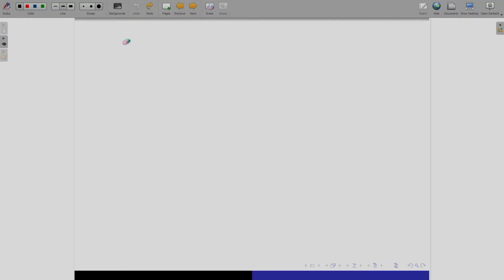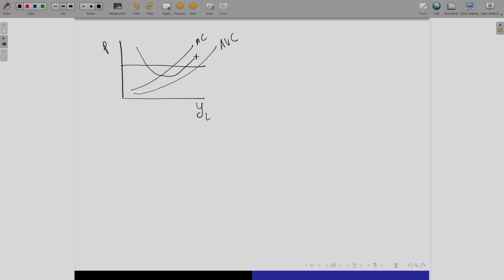So here, suppose the output of firm i is given on this axis, and price is given on this axis. We know that suppose this is the market price and the marginal cost is of this nature, MC. And if marginal cost is like this, we know average variable cost is going to be of this nature, and the average cost is this.